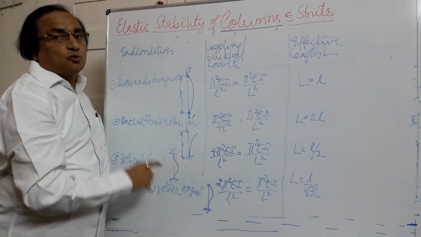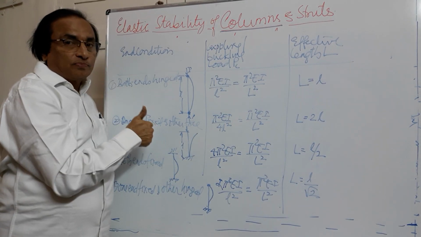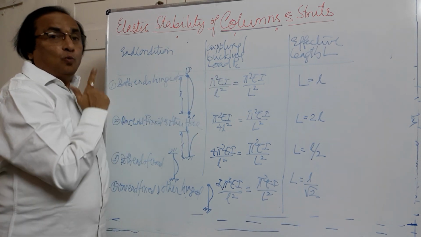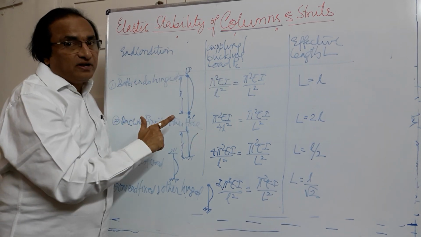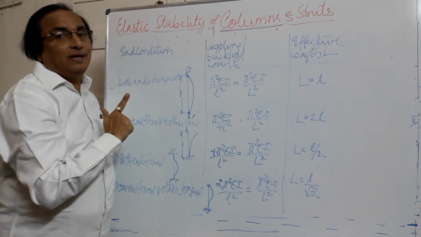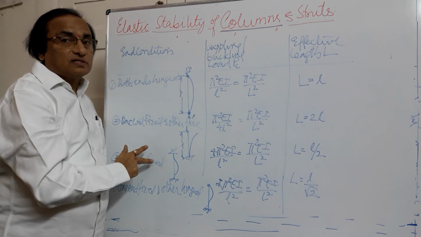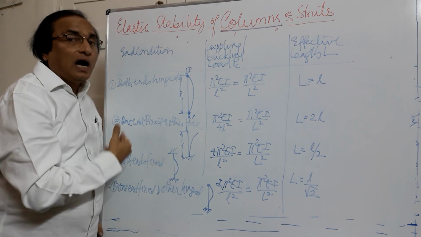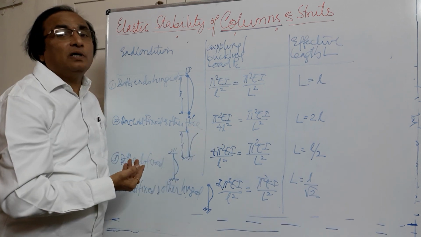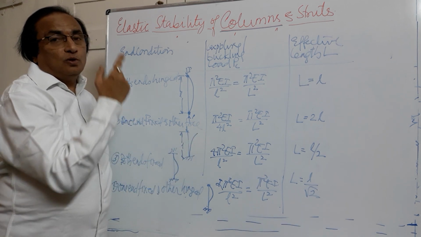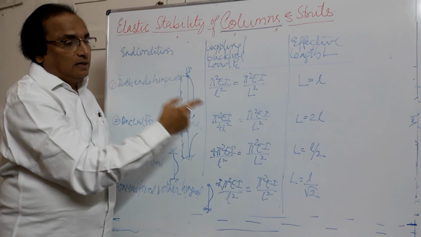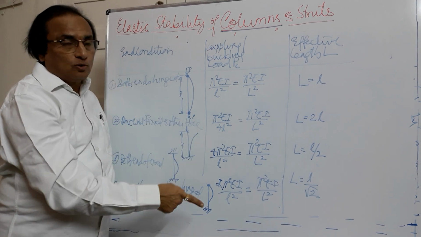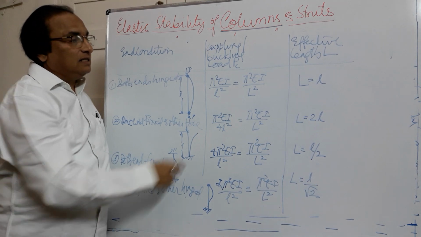Both ends hinged, L effective is equal to L. One end fixed, other free, 2L. Both ends fixed, L by 2. One end fixed, other end hinged, L by root 2. Remember that sequence and this formula.